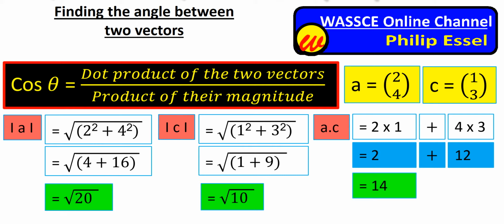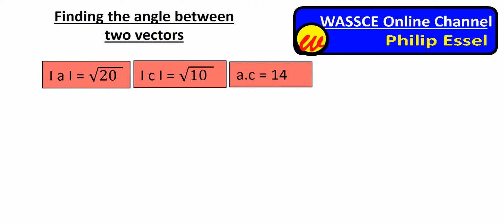So we are going to use these three pieces of information to find the angle between these two vectors. So we have our information here: the magnitude of the vector a is the square root of 20, that of the vector c is the square root of 10, and the dot product of the two vectors is 14.